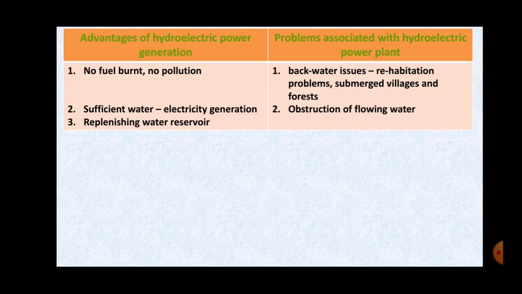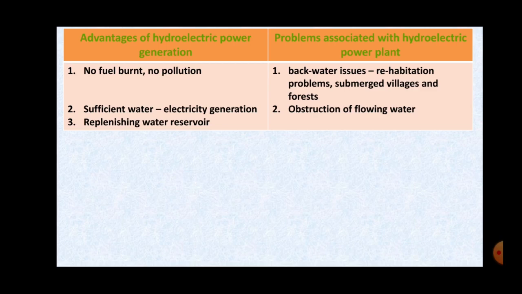The biggest advantage of the hydroelectric power generation plant is that here no fuel is burnt, right? We don't have combustion taking place, and thus there is no pollution at all. There is no air pollution in hydroelectric power generation.